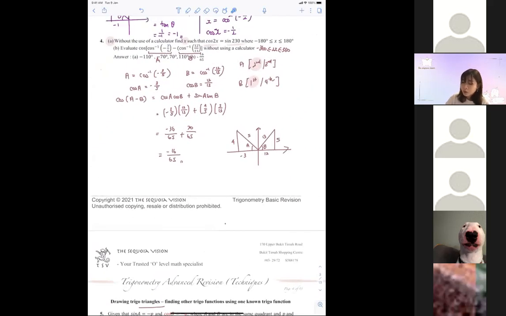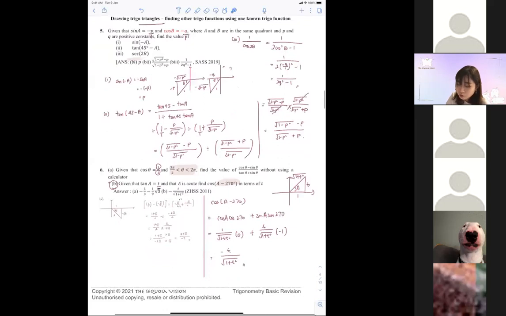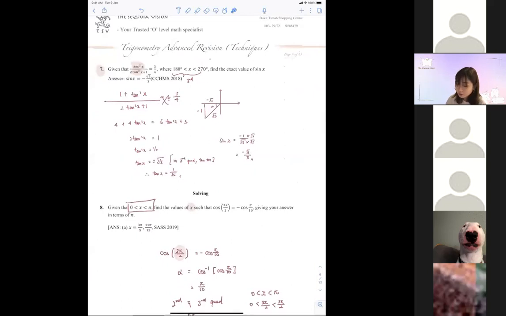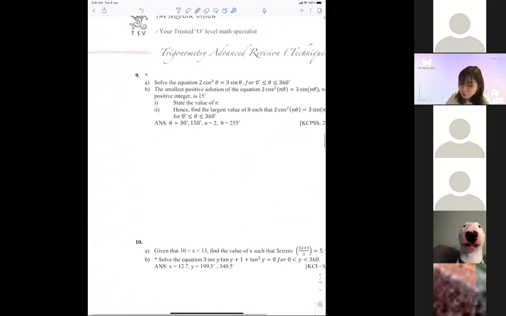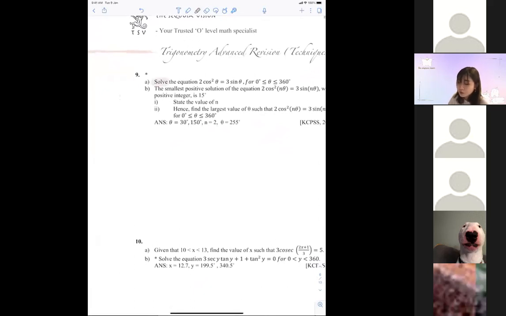Okay, so whenever they ask you to find for x, you must do basic angle, find quadrant. Whenever they ask you to find for a trigo function, then you draw triangle. I give you trigo, you find another trigo, draw triangle. Okay, so we're done drawing triangle now. Let's move on to more solving question. Whenever you see solve, means I want the value of the unknown.